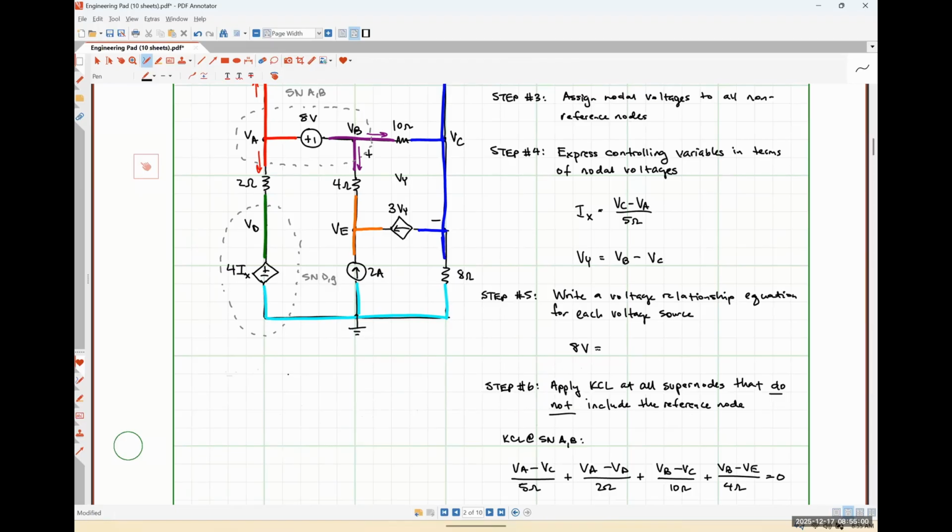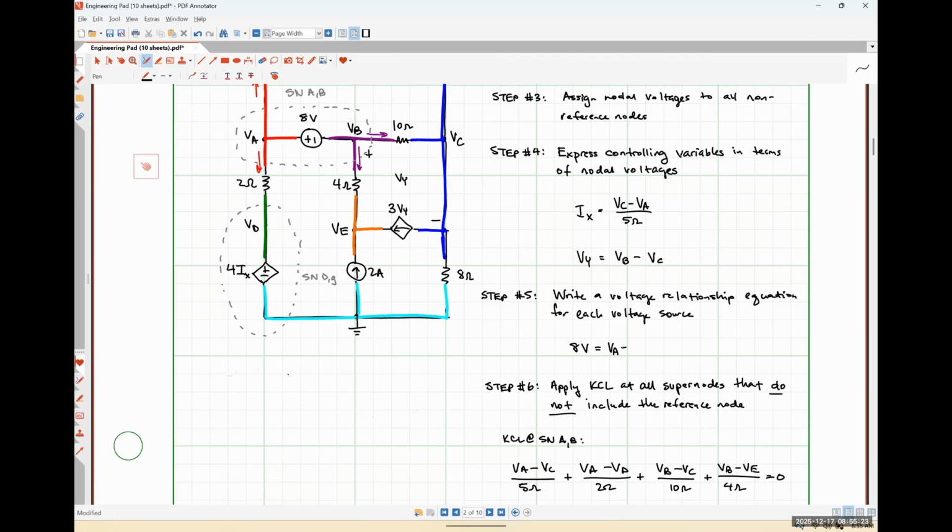I'm at step 5, and I just wrote 8 volts. So what's the voltage at the positive polarity terminal of the 8-volt source? Or the nodal voltage at the positive polarity terminal of the 8-volt source? Which one's touching the plus sign? VA.